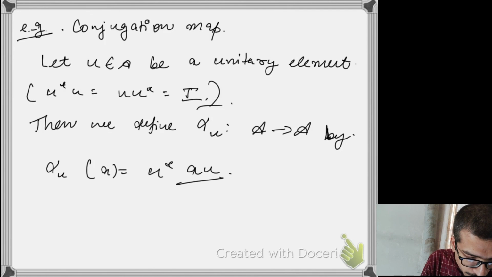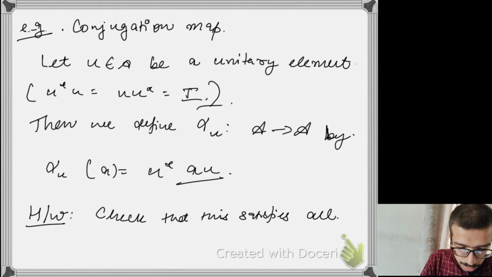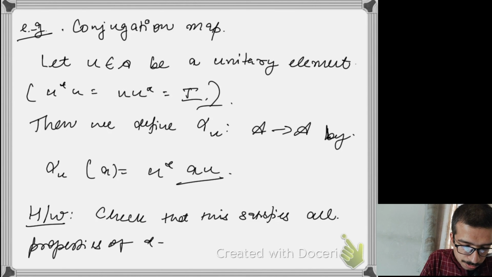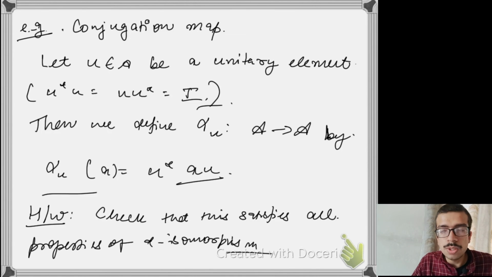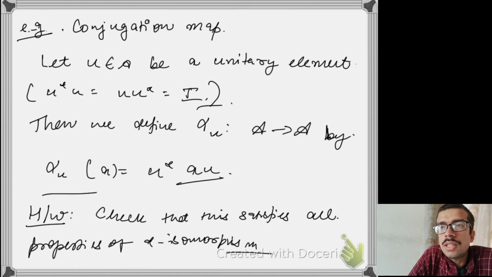So a homework for you is to check that this satisfies all properties of star isomorphism. Right, this conjugation map alpha u of A equals u star A u, you have to check that it satisfies all the properties. Okay, so this is the homework for you.